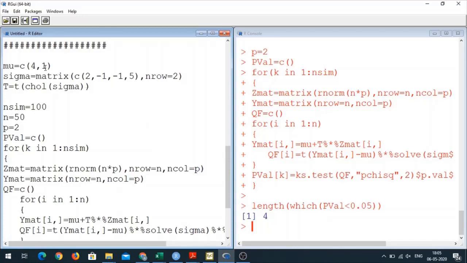Okay, so mu is 4, and sigma is 2 here and 5 here. So here the standard deviation is square root of 2, so 1.4.